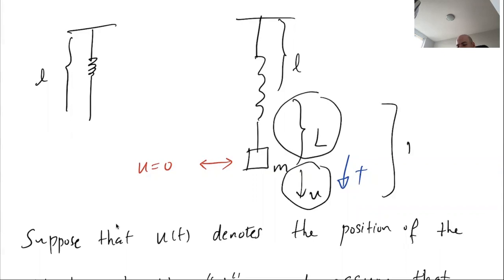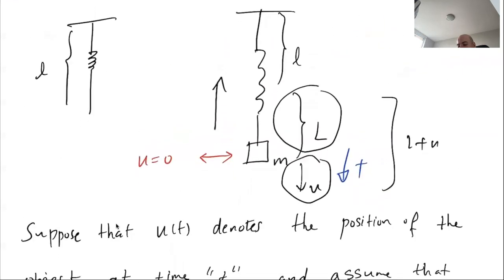In total it will be L plus u, and that will be in the opposite direction, the upward direction. I'm assuming that downward is positive, so upward will be negative. The total displacement is L plus u.